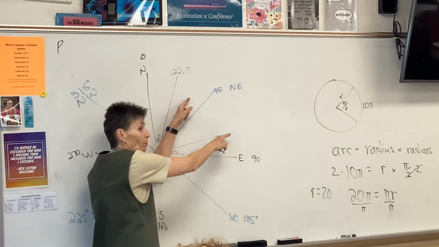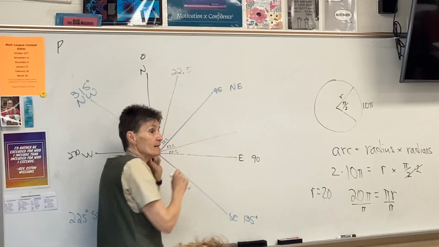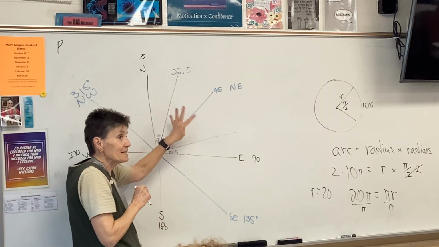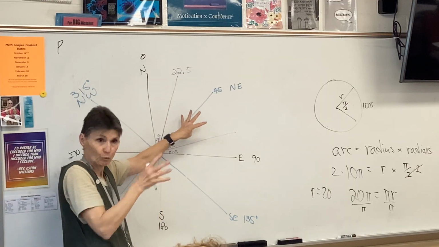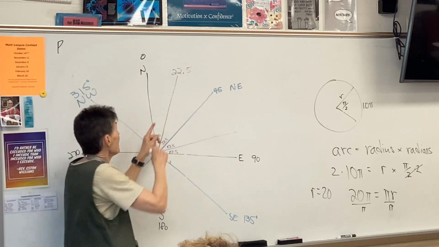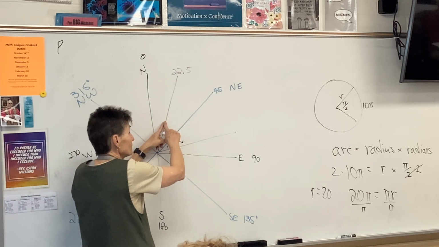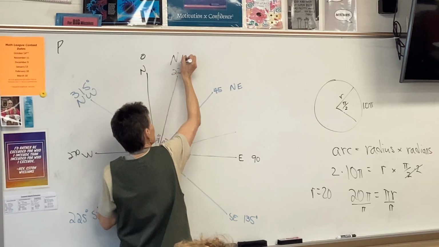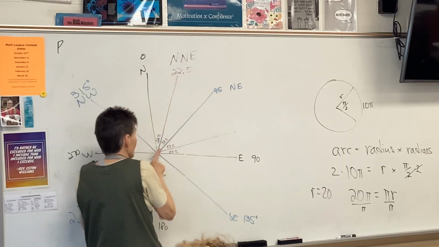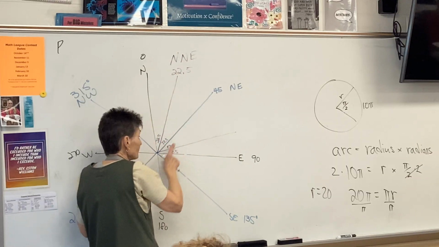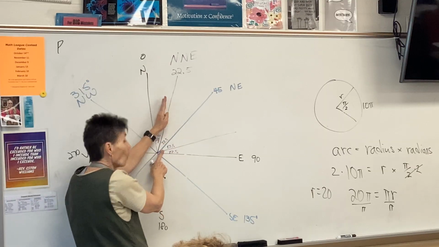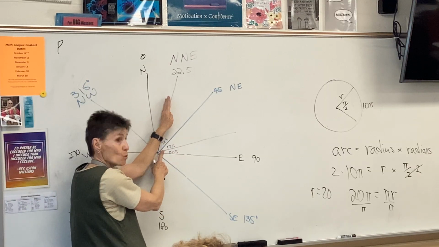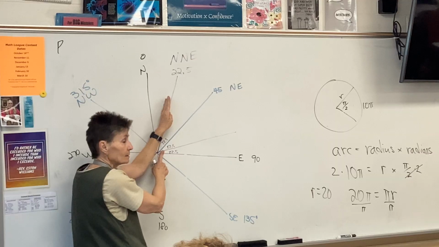Both of these purple lines are in the northeast quadrant. Would you agree with that? This one is on the north side of the northeast line. So here's the northeast line. This is on the north side, so it is called north northeast.